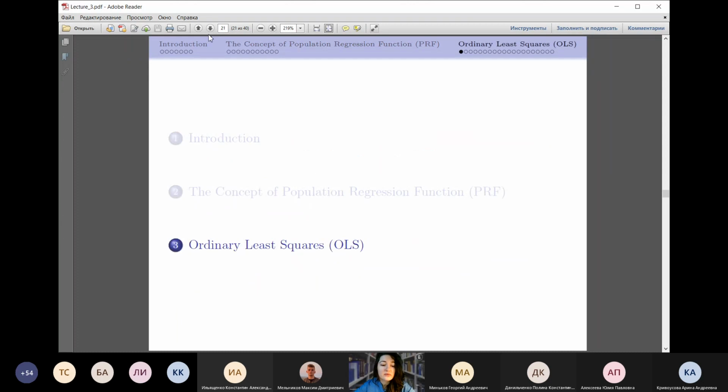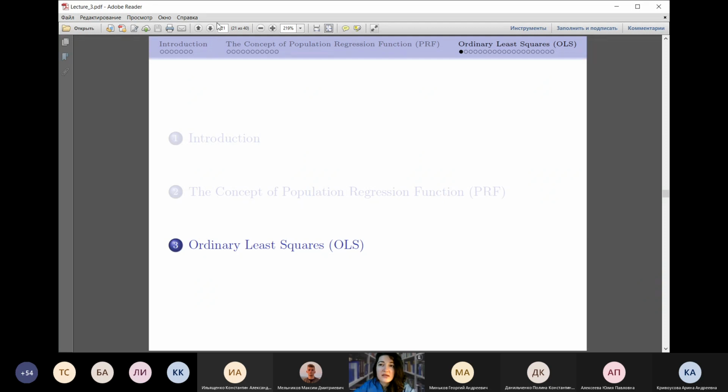Now, let's talk about one of the popular methods used in regression analysis. This is the ordinary least squares method. Maybe you have heard something about this method.